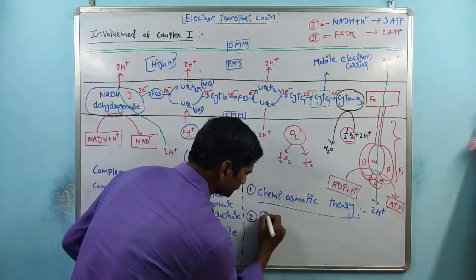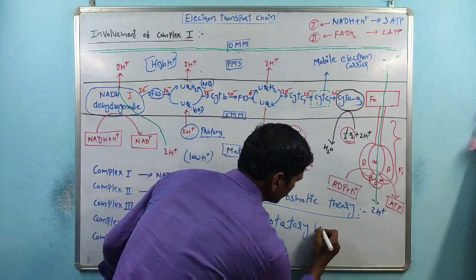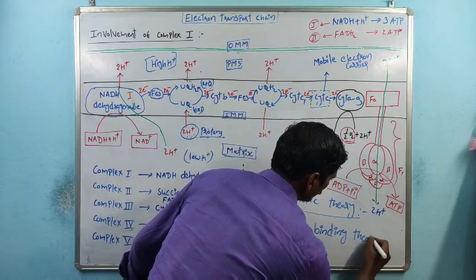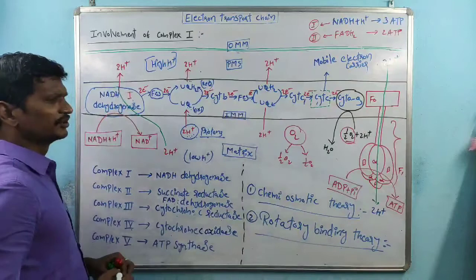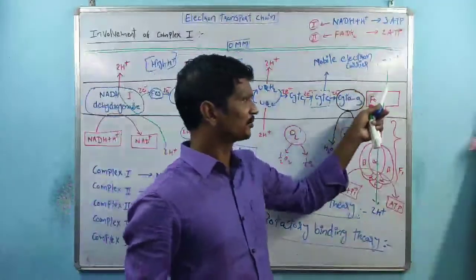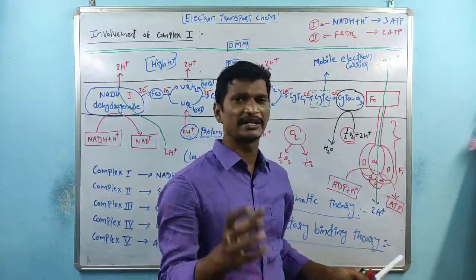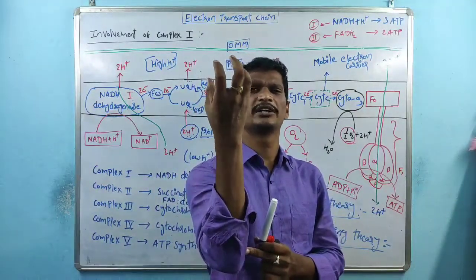The second one is the rotatory binding theory. According to this theory, once the H plus ions move from the perimitochondrial space to the matrix, the ATP synthase enzyme has a head moiety, right?